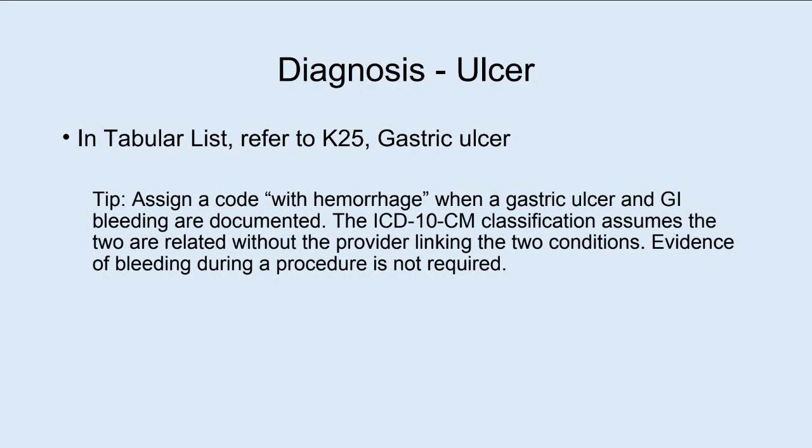You think of hemorrhage as a lot of bleeding, but if it says bleeding, then you can use the code for hemorrhage. The ICD-10-CM classification assumes the two are related without the provider linking the two conditions. So in this case, you can assume that if it says bleeding, you can use a code for with hemorrhage. This is reassuring to the coder that you can use a code for with hemorrhage if all the documentation says is bleeding.